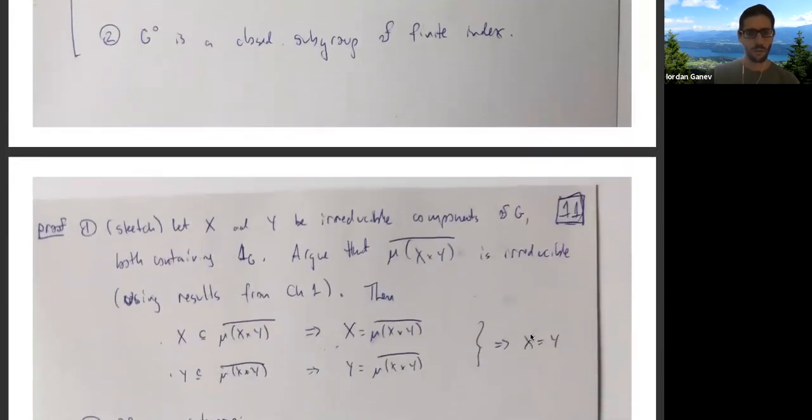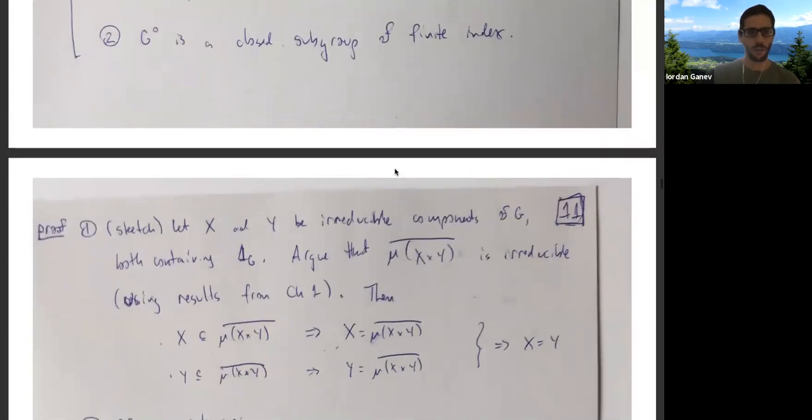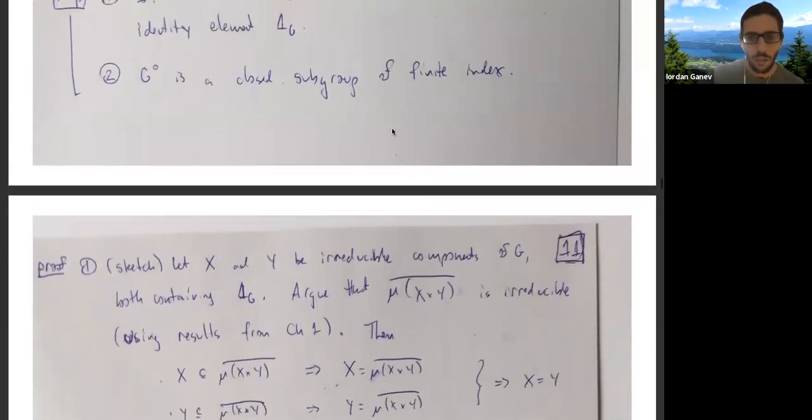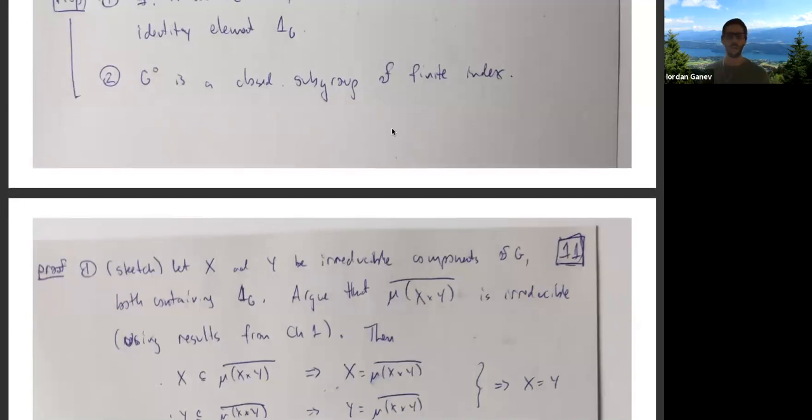So for the first part, we're trying to show that there's a unique irreducible component containing the identity. So let's suppose that there are two irreducible components, X and Y, containing the identity. You can argue that if we apply the map mu to their product, then we get some subset of G, and when we take the closure, it'll be irreducible.